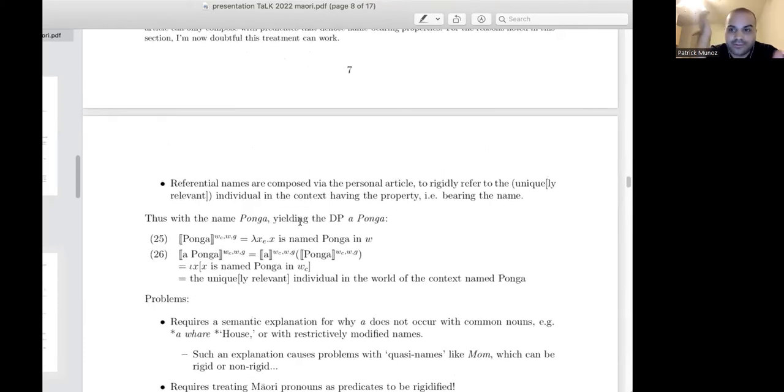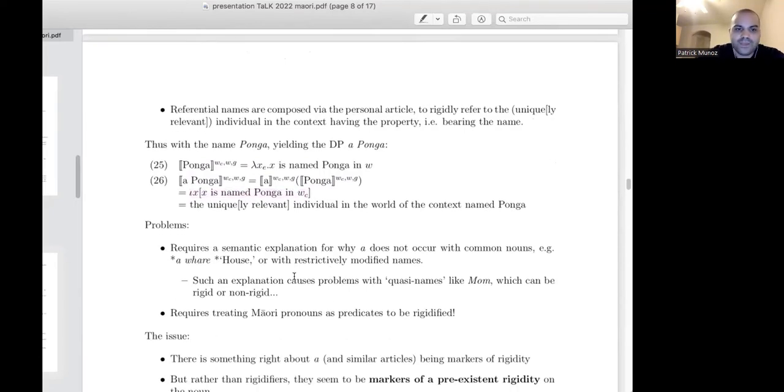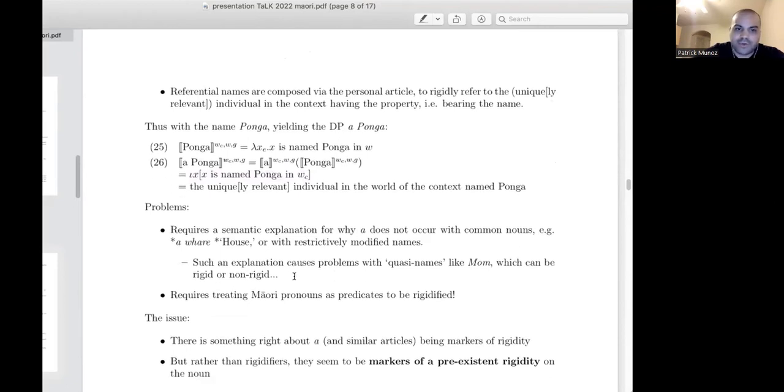So ponga is just a noun, and it is true of pongas, right? True of people named ponga. So ponga is going to denote the property of being named ponga. A ponga will give you back the unique individual named ponga in the context, so it will refer to some contextually relevant ponga.